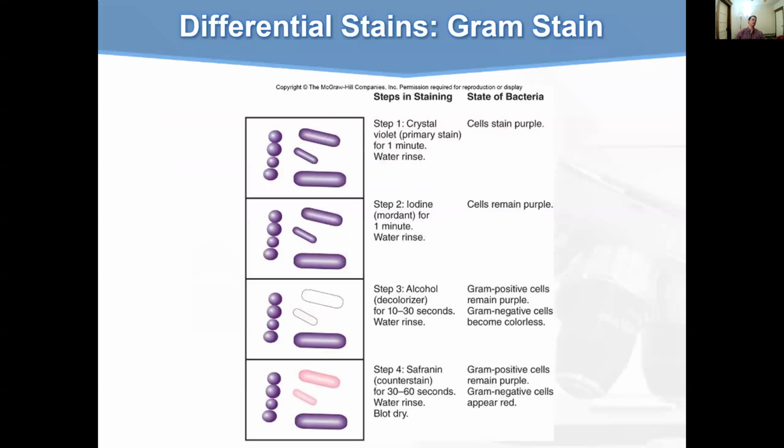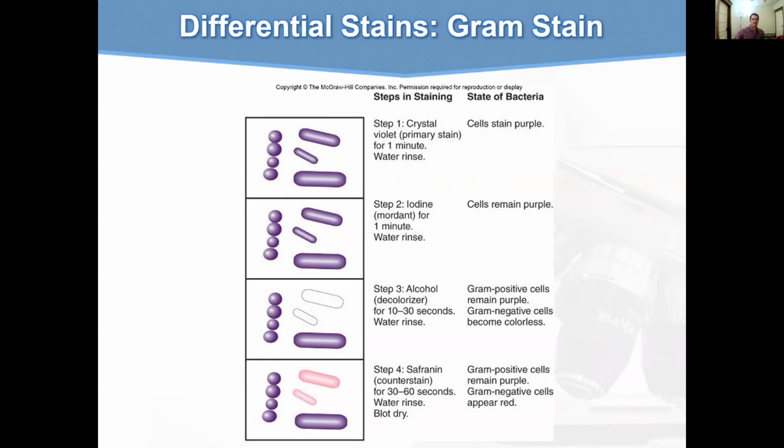The Gram stain is useful for separating bacteria into 2 major groups based on differences in their cell wall. Gram staining differentiates bacteria by chemical and physical properties of their cell walls. Gram-positive cells have a thick layer of peptidoglycan in their cell wall that retains the primary stain, crystal violet.